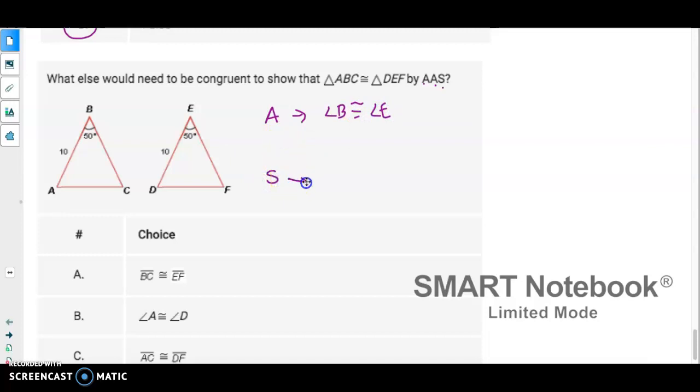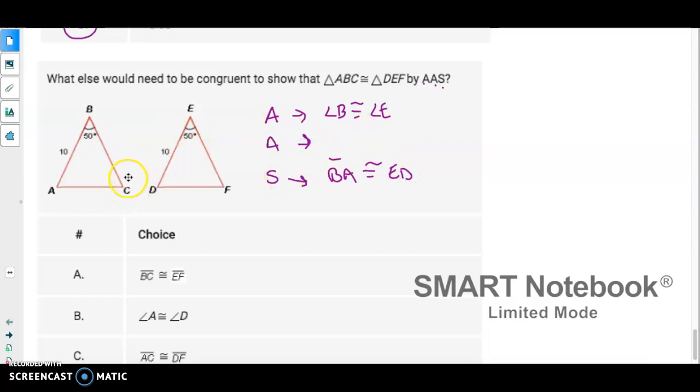We have side BA is congruent to side ED. So we're missing another angle here.